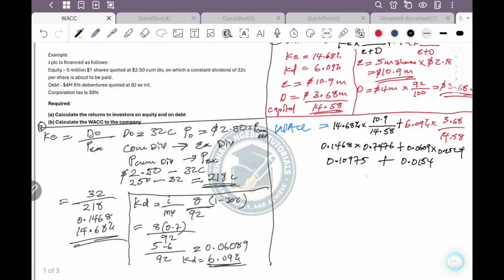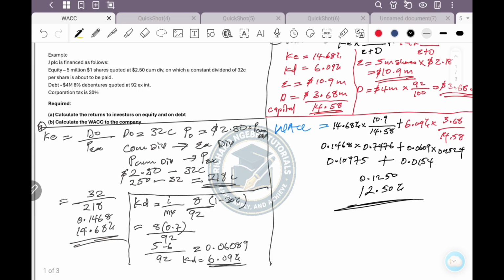Okay, so when you add both of them now, you will get 0.1250. This will be 12.50%. So basically, this is the WACC we have calculated.